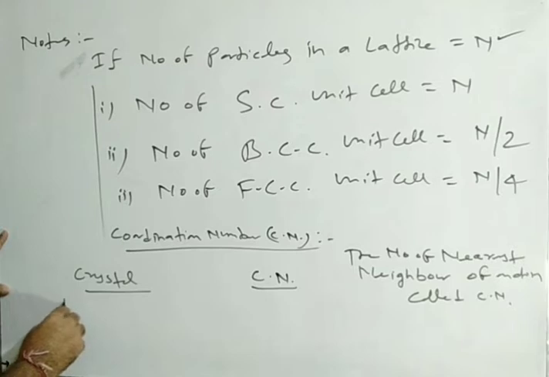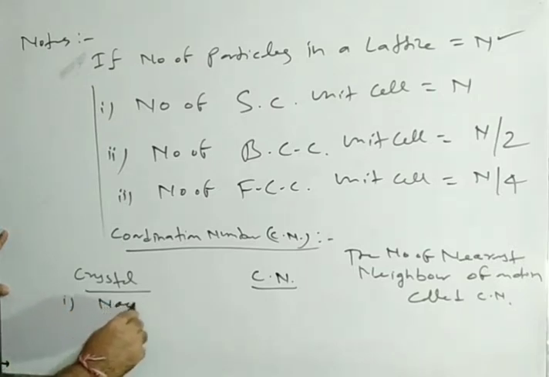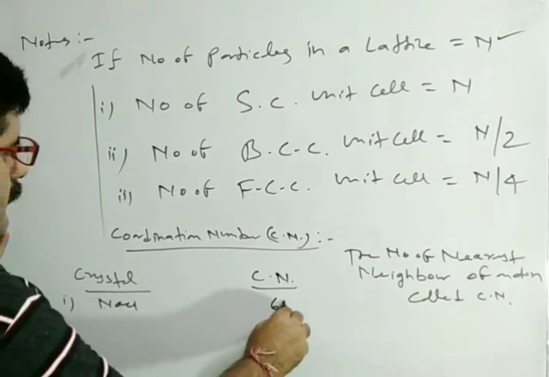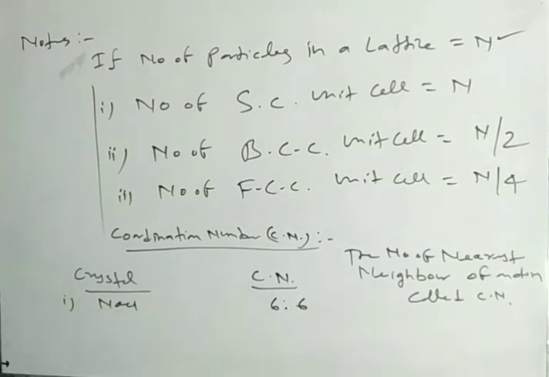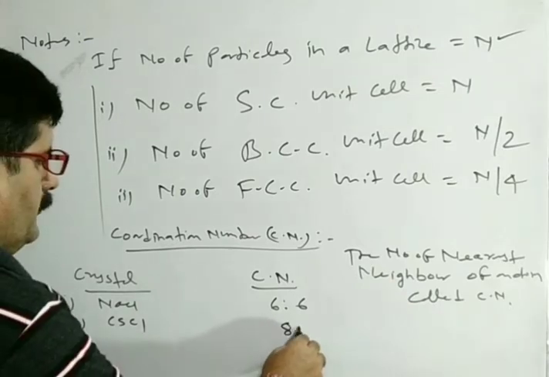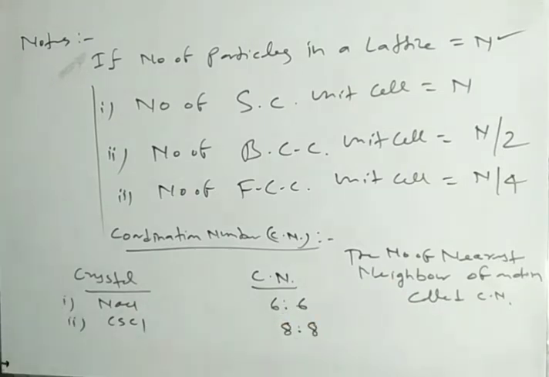First one, NaCl. Coordination number become equal to what? 6:6. The coordination number of sodium is 6 and Cl minus is also what? 6. Second one, cesium chloride, 8:8. Third one, ZnS.